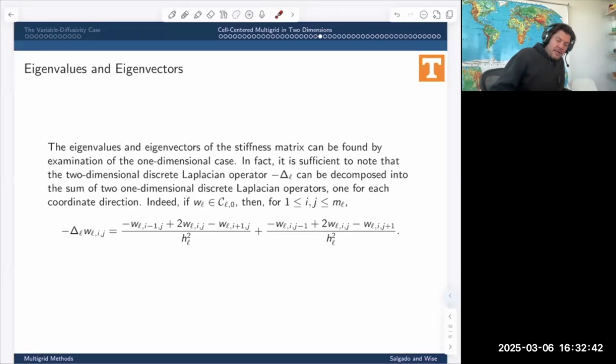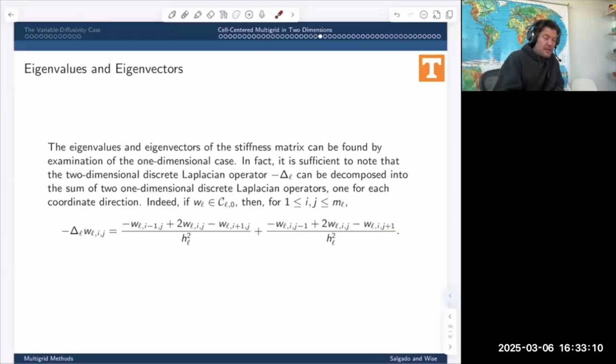What I mean by that is the Laplacian operator acting on a two-dimensional grid function can be thought of as a second-order finite difference going in the I direction or the X direction, and the same stencil going in the J direction or the Y direction.